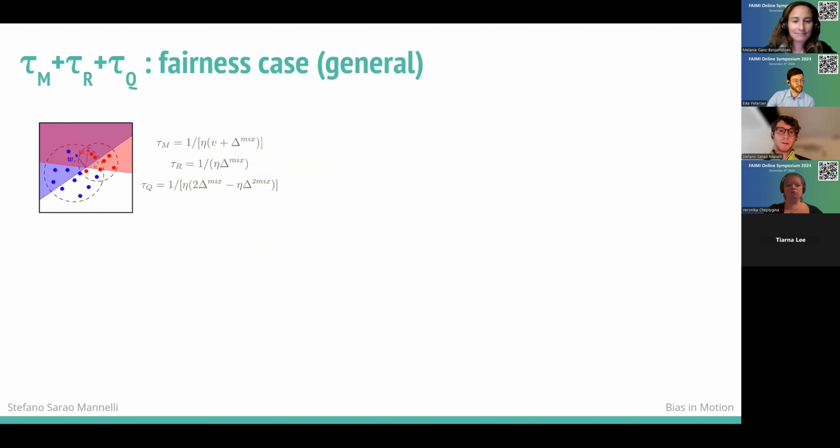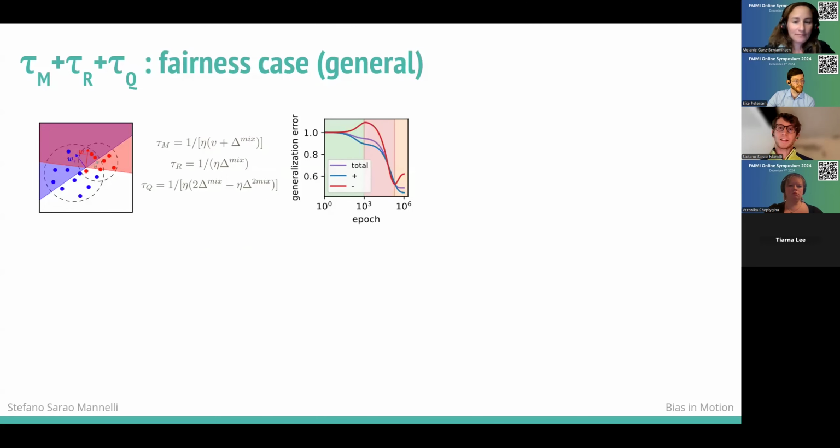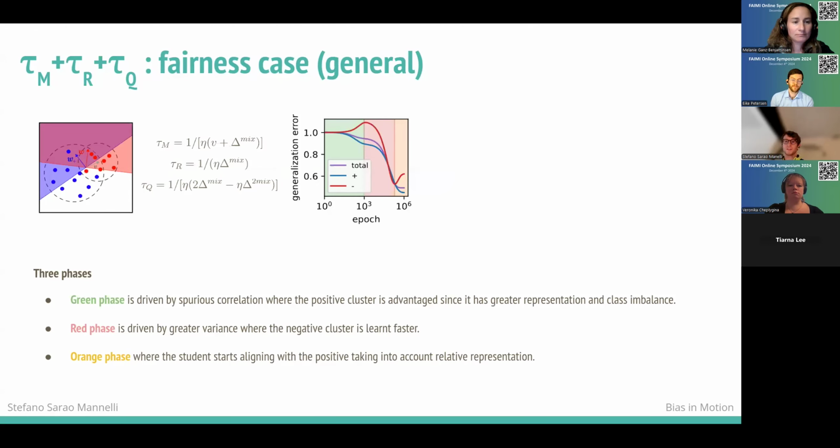So now if I put everything together, I can get something quite funny happening, where if I play enough with the construction of the model, I can get the classifier to favor one class at the beginning of training, disfavoring it in the intermediate phase, and finally favoring it again at the end. And the interesting bit is that using our theory, we can understand what is going on during these three phases.